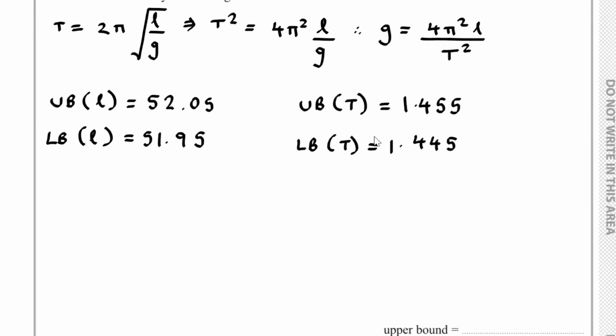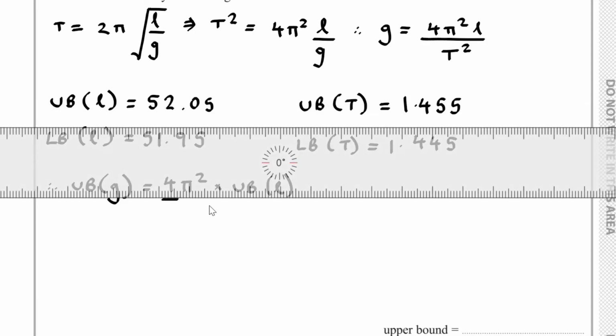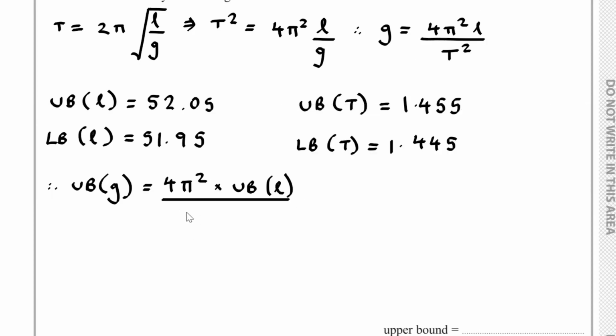So for me to calculate the upper bound of G, that's equal to 4 pi squared times the upper bound of L divided by the lower bound of t all squared.